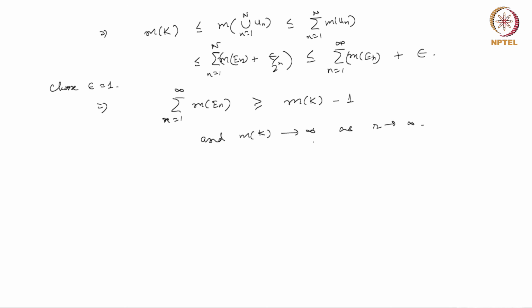So again we get that this sum is bounded below by a sequence of numbers which goes to infinity. So this again means that the sum n equal to 1 to infinity of m En is plus infinity.